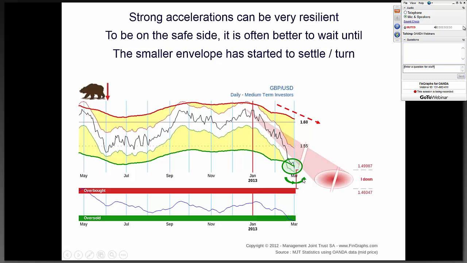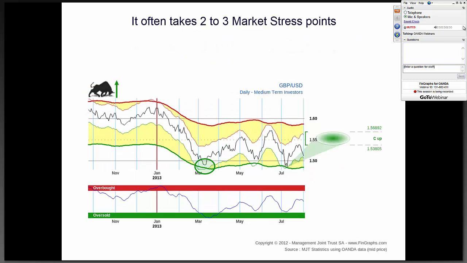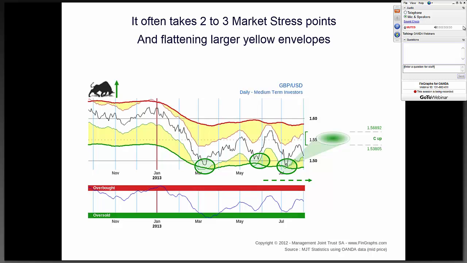This is especially true, for example, when on very short-term frequencies you have a news effect and the market shoots up or down. You really have to wait till the smaller envelope starts to settle. It often takes 2 or 3 market stress points and a flattening larger yellow envelope to reverse the trend.